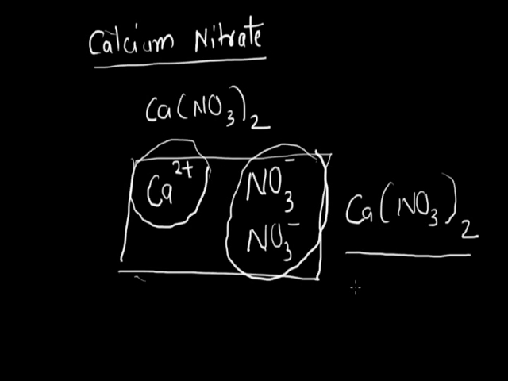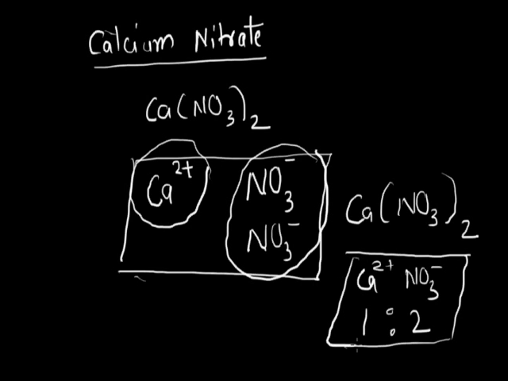And now we can say that by this formula the ratio of calcium and nitrate ion is 1:2. It means this also shows that calcium nitrate has calcium 2 plus ion and nitrate ions in 1:2.